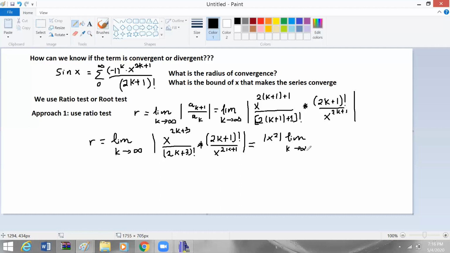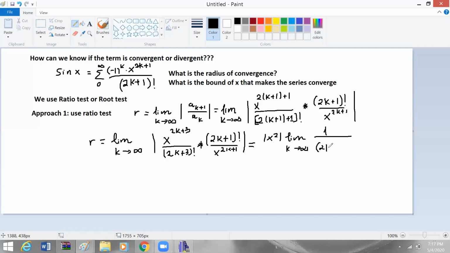So now we observe the fact that we have 2k plus 3 factorial on the bottom, and on the top is 2k plus 1 factorial. So the difference between these two terms will be the 2, right? And then I can also rewrite this without the absolute value, so that the bottom will be 2k plus 3.